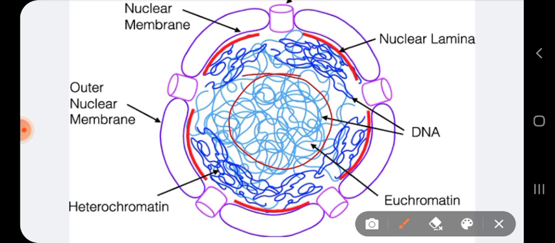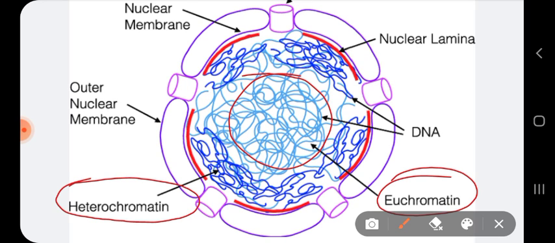Generally, chromatin is formed of DNA and proteins. You can see here two types of chromatin, heterochromatin and euchromatin. Euchromatin is not so much coiled a structure of chromatin. It is a loosely formed, thread-like structure. Euchromatin is mainly observed at those sites where active replication and transcription take place.